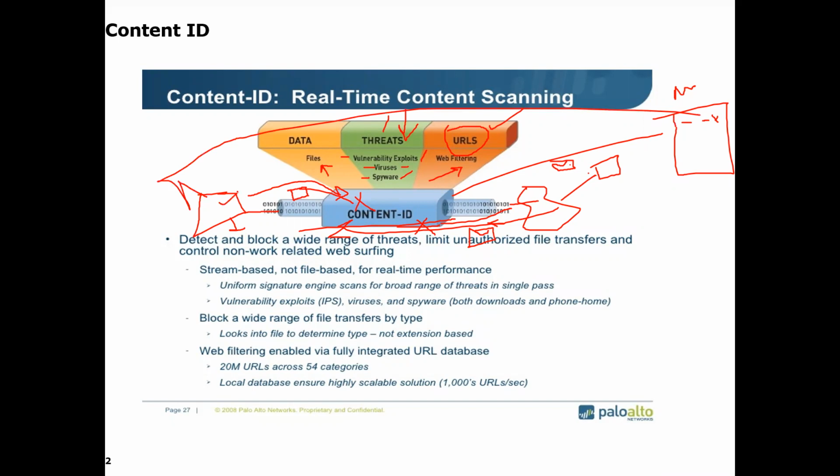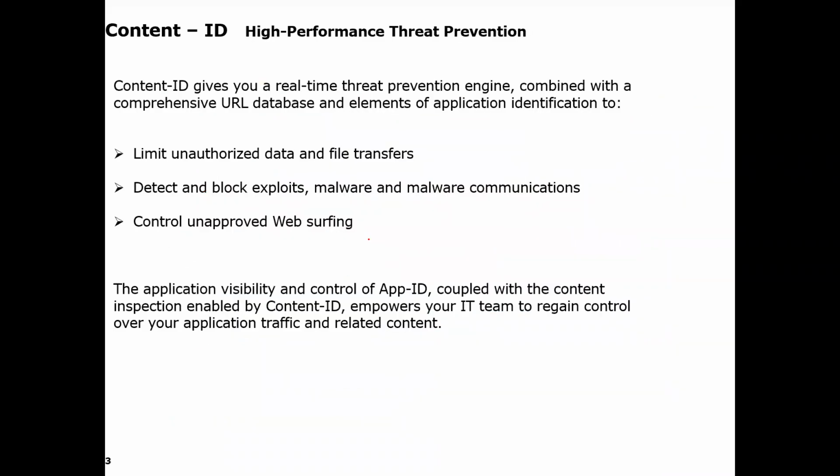So this is how content filtering, Content-ID, is utilized. We need to see all of these piece by piece. There are five things under Content-ID: URL filtering, vulnerability, virus, spyware, and file blocking. Content-ID gives you a real-time threat prevention engine combined with a comprehensive URL database and application identification.